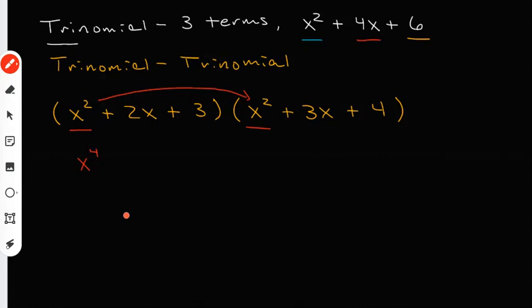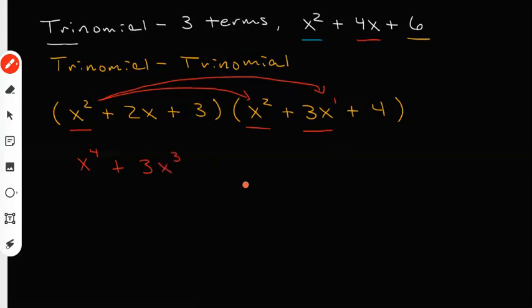The next thing I'm going to do is multiply the x squared by the next term, which is the 3x down here. What's x squared times 3x? That's going to be 3 out in front, and then I have a 1 right here, technically. So that's going to be 3x cubed, or 3x to the third power.